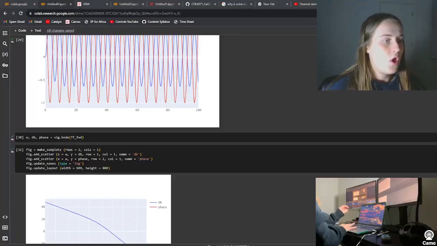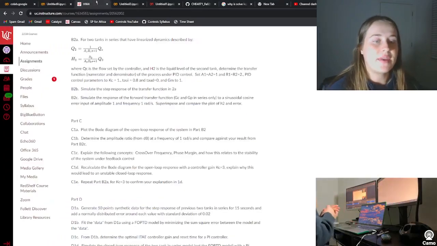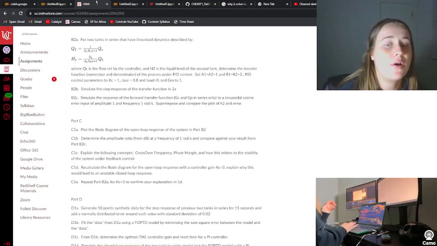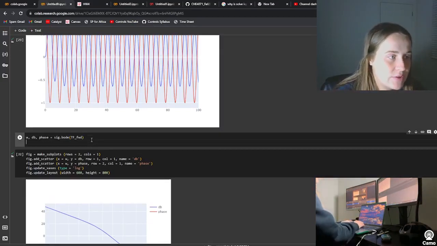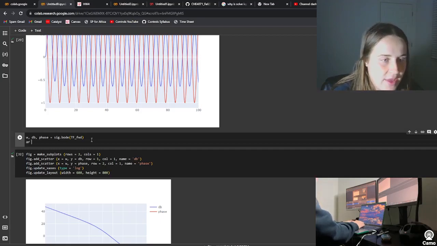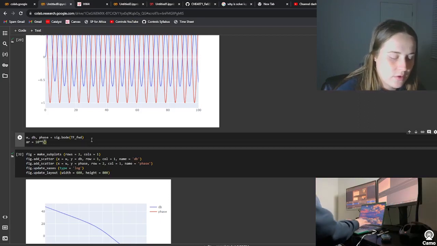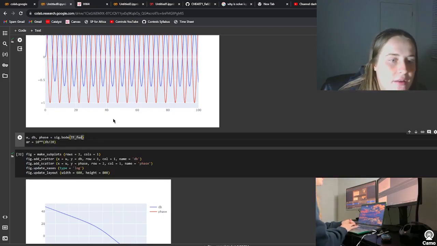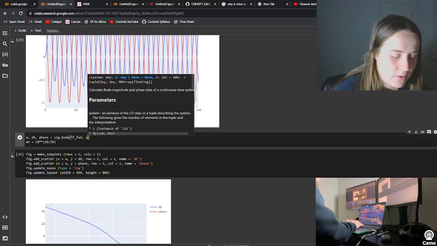Okay, now to compare the amplitude ratio against our result from our part B2, all I need to do is convert to our amplitude ratio, and to do that we need to do 10 to the power of dB divided by 20, and this needs to be 1 with w equal to 1.